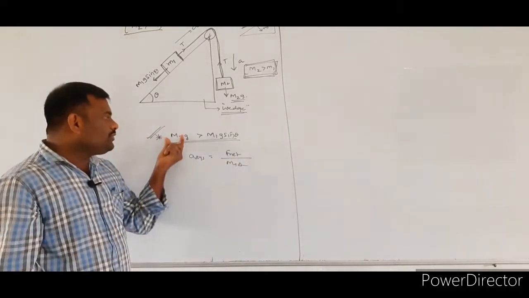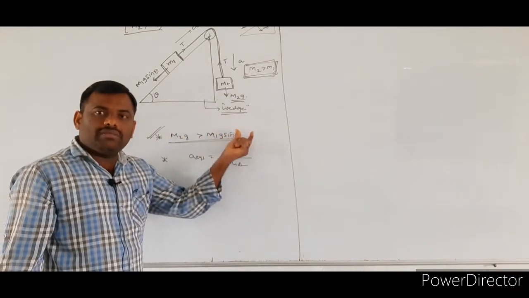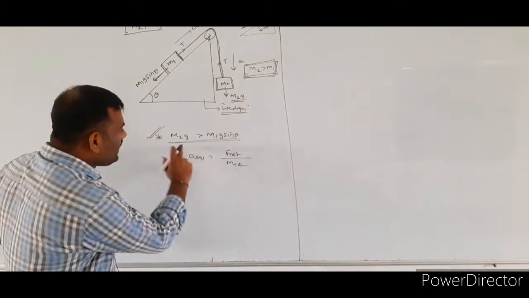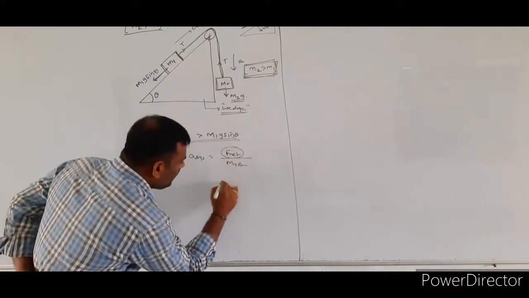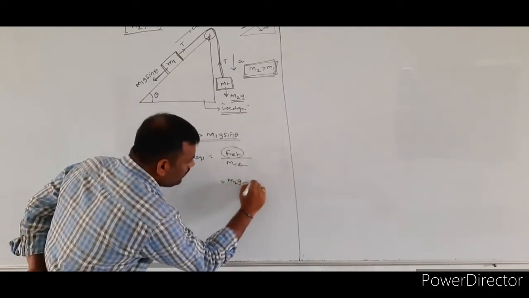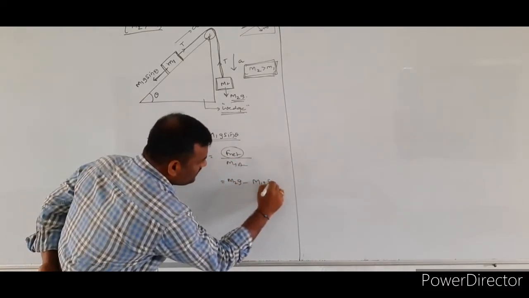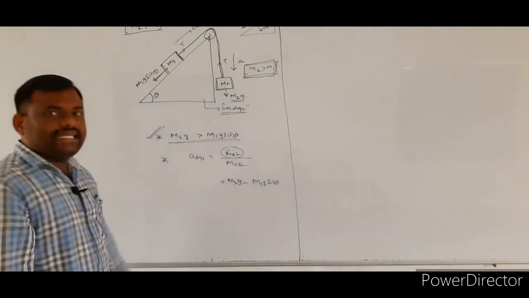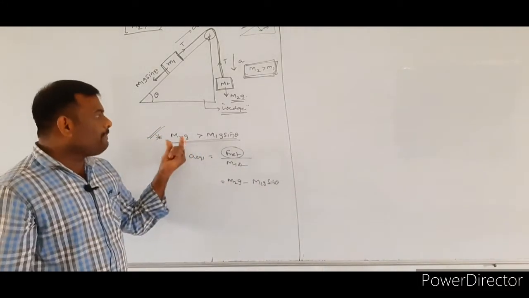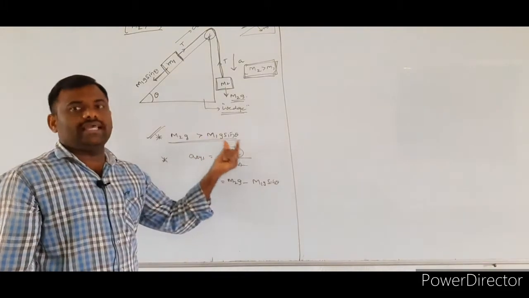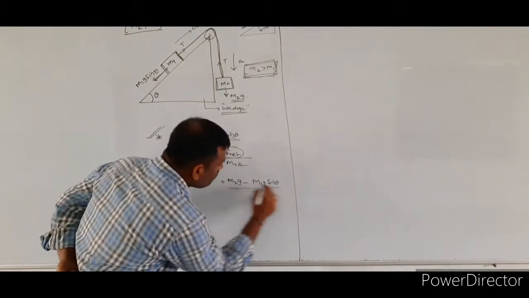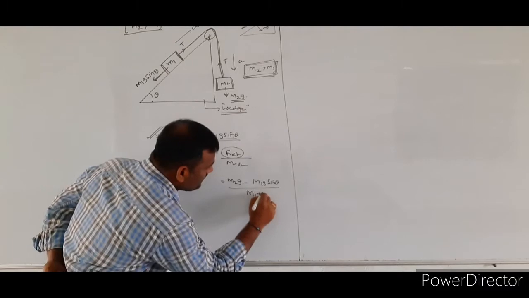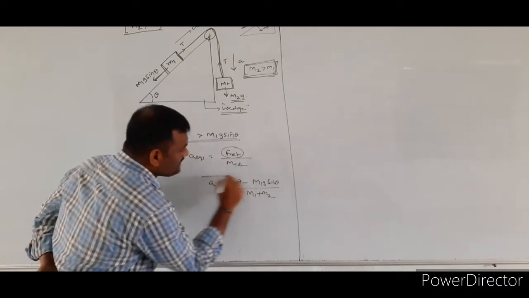So here m2g is greater than m1g sin theta. So what does F net become? F net is equal to m2g minus m1g into sin theta. What is the net force value here? m2g minus m1g into sin theta. And what is the total mass present within the system? m1 plus m2.